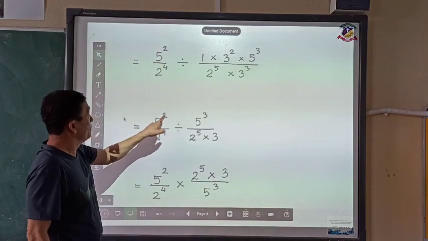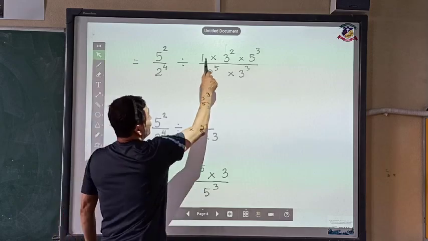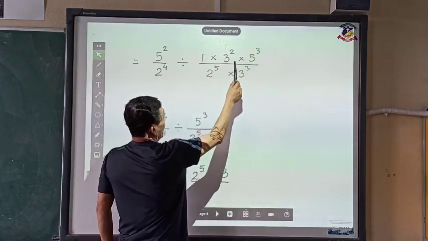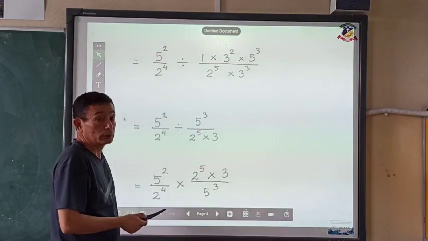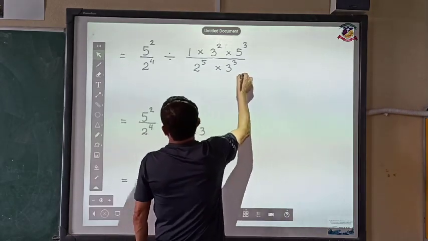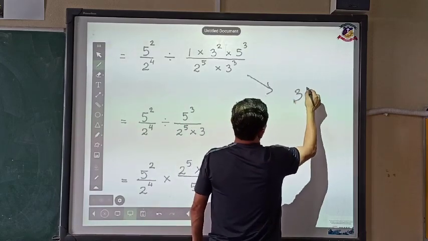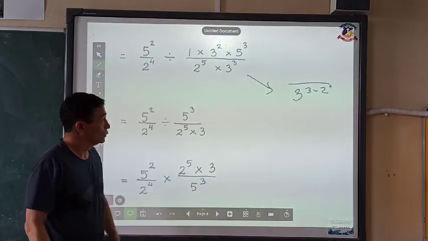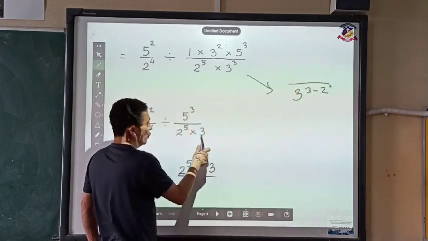Five squared upon 2 to the power of 4 divided by. Now if I look at this very carefully, I've got the base same here. So I can write this 3 over here: 3 to the power of 3 minus 2 in the denominator. So 3 to the power of 3 minus 2 is 3 to the power of 1, which is 3.